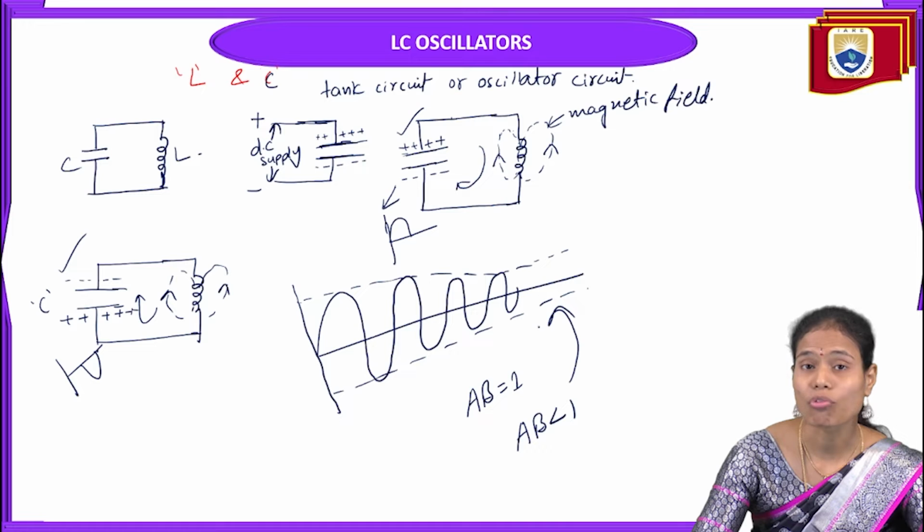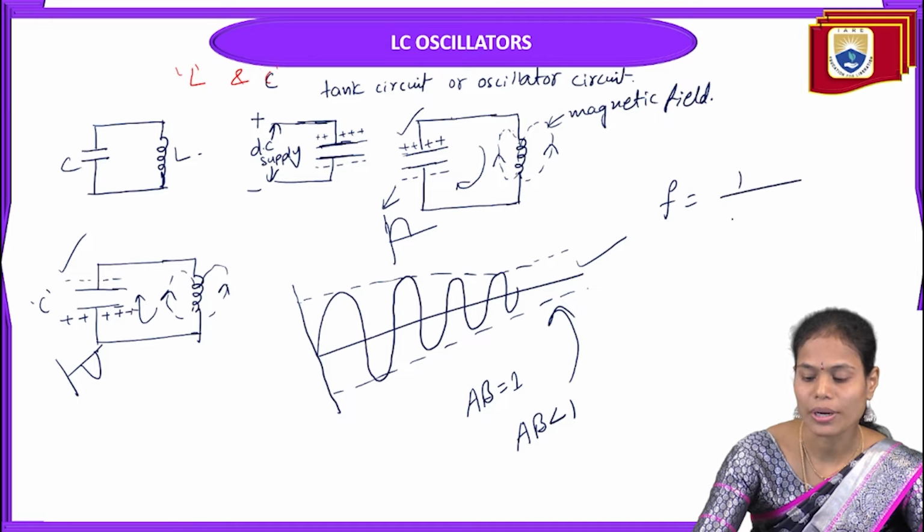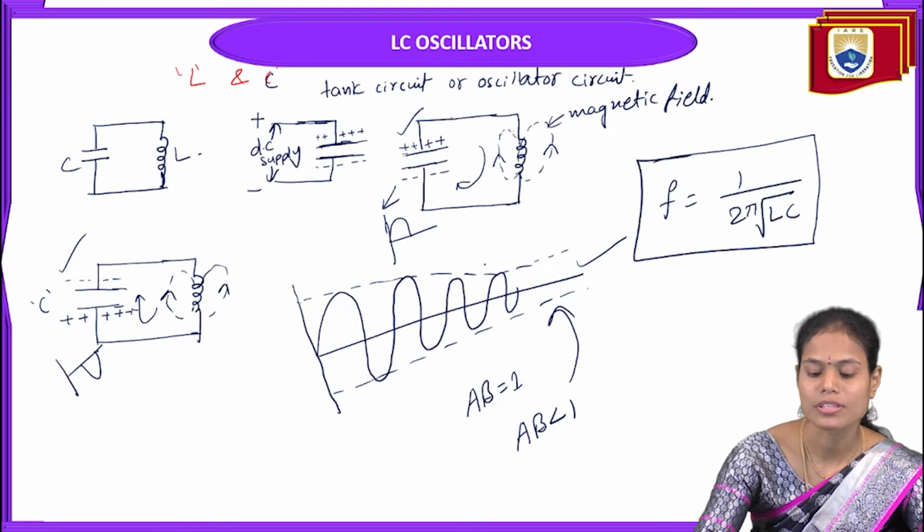At what frequency is this particular circuit generating this oscillation? F equals 1 by 2 pi under root of LC. With this particular frequency, the signal is generated across the oscillator circuit or LC tank circuit.